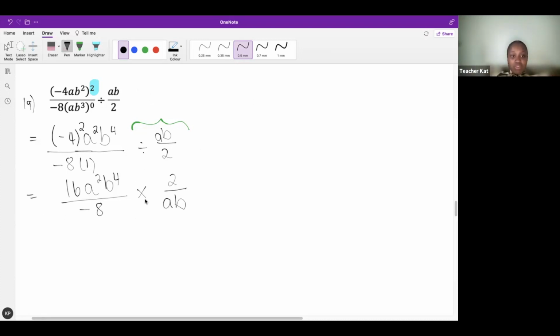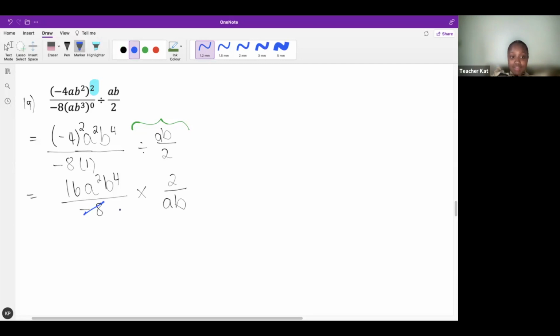Okay, now let's go back here. Can we still simplify over here? Yes, we can. What's the common factor between 8 and 16? It's actually -8.